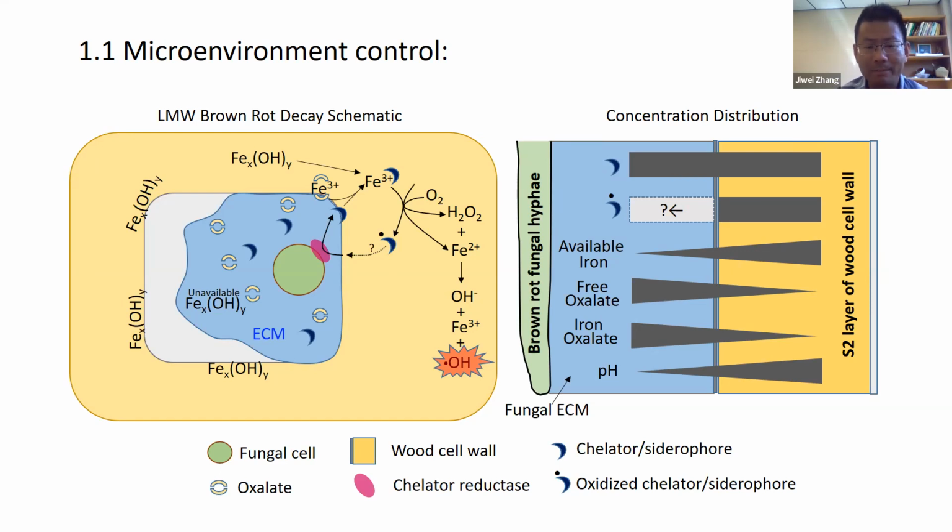But the problem is it's really, really hard to test this hypothesis, because the metabolites can diffuse very quickly in this environment between the fungal cell and the wood substrate, and also the concentration would be very low.